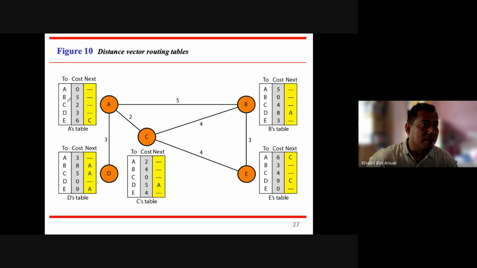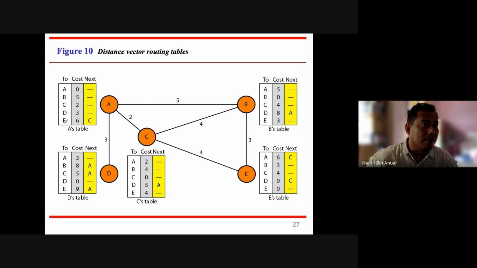Then B. If you want to go to B, you have two options, 5 directly and through C, but the cost will be much less going directly from A to B. So you identify that B has the best route directly. Then for C, you can go through B, but the least cost is directly to C. For D, there's only one option, directly, with a cost of 3, and no next hop.